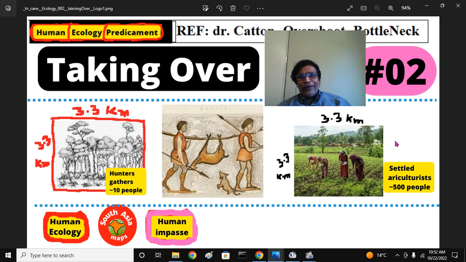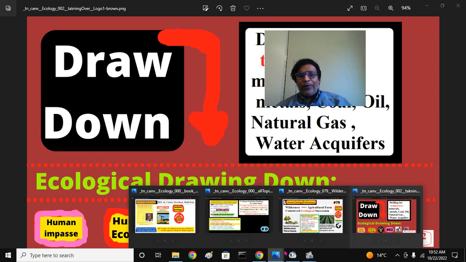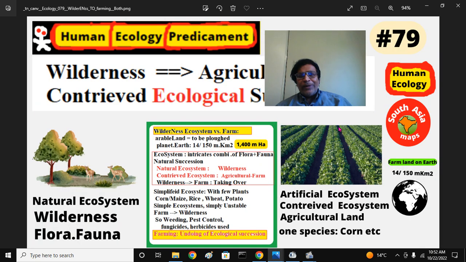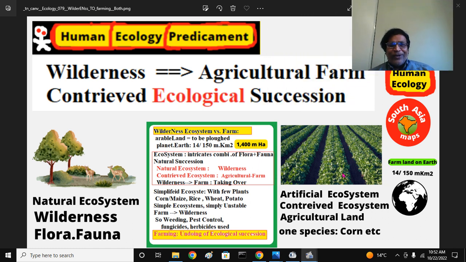If you go even further with drawdown, that means drilling down for aquifers, minerals, metals, fossil fuels, and mechanized, industrial agriculture, even more people can live. That means we increase opportunity for ourselves. So: wilderness, natural ecosystems; here, contrived ecosystems, artificial ecosystems.